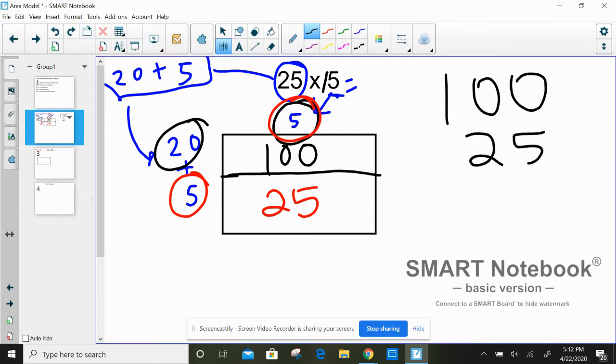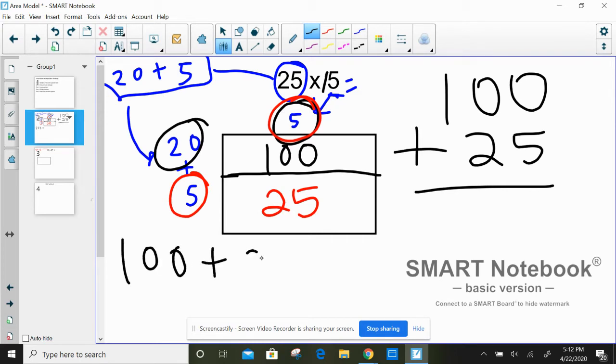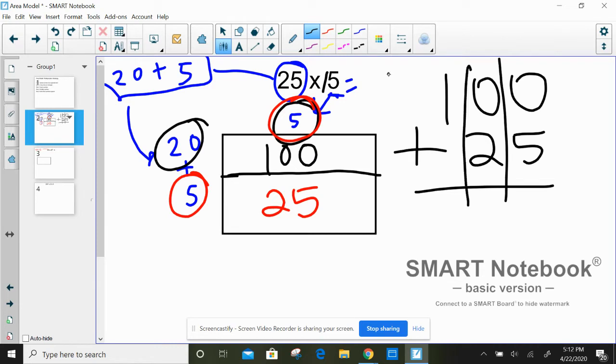100 plus 25. Because if you add things horizontal like this, it's really hard to keep track of where your numbers are, right? Are you adding the 0 to this, the 5 to this 0, and the 2 to this 0? It just gets complicated. And when you have your numbers lined up with place value like this, you really have a better idea, right, of what you're adding together.